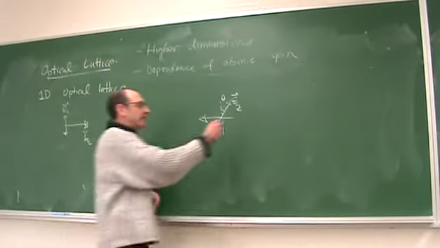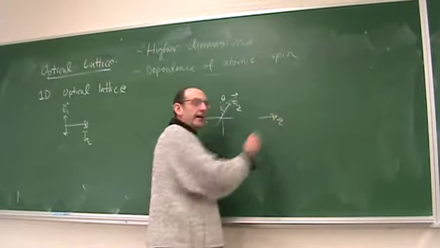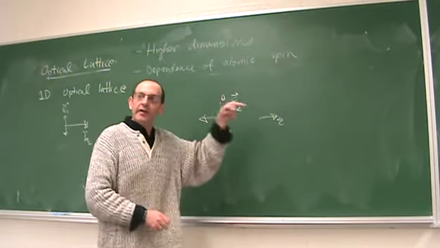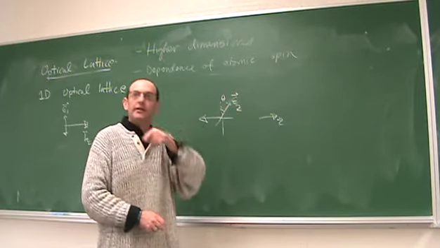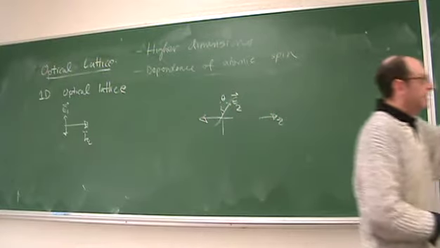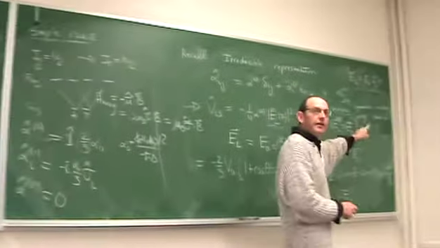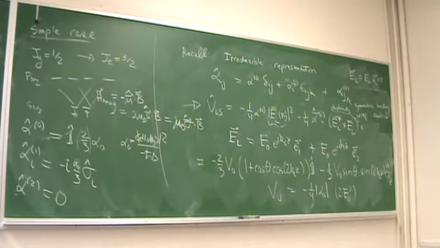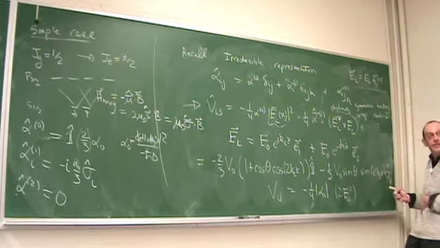The direction of the cross product is the direction of propagation, the z direction. So the direction of the fictitious magnetic field is along the propagation direction. It's along the z-axis, because that's the cross product direction of E1 cross E2. So sigma dotted into that gives me a sigma z.